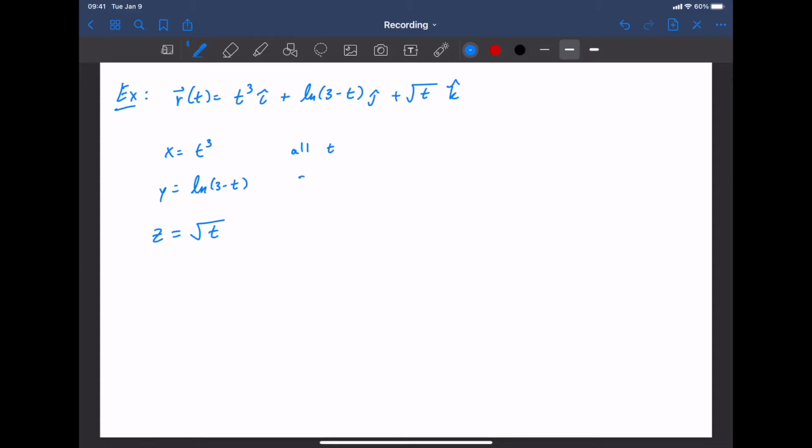Here, if you haven't seen this in a while, 3 minus t has to be greater than 0, that's the argument of natural log, which would mean that t has to be less than 3, strictly less. And here, t has to be greater than or equal to 0. So in some sense, we're trying to come up with the most restrictive domain. We only want to use the values of t that work for all of them.